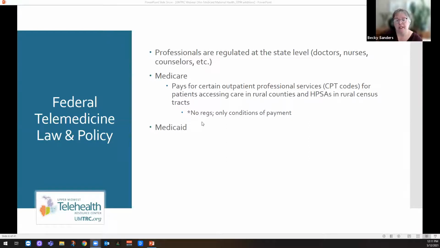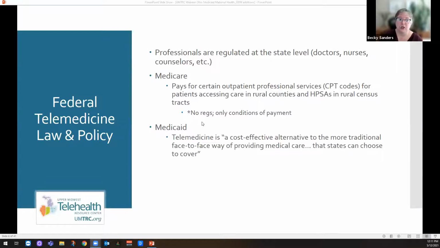And then each state Medicaid program has the ability to tailor their Medicaid program to the constituents in their state to best meet the needs of those constituents. And I'm so excited that since the spring of 2019, all 50 states and Washington, D.C. here in the United States do reimburse for some form of telehealth or telemedicine or both.